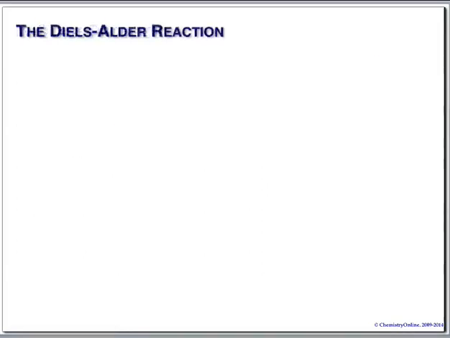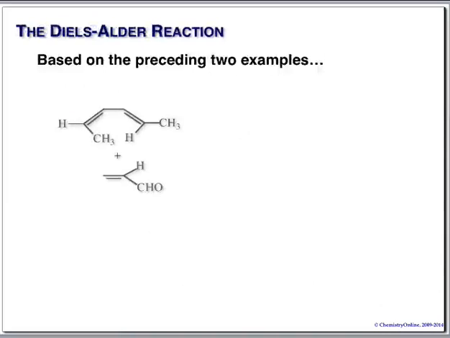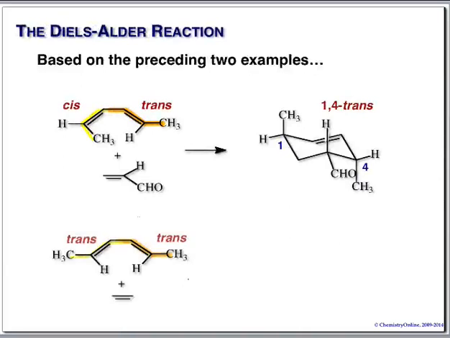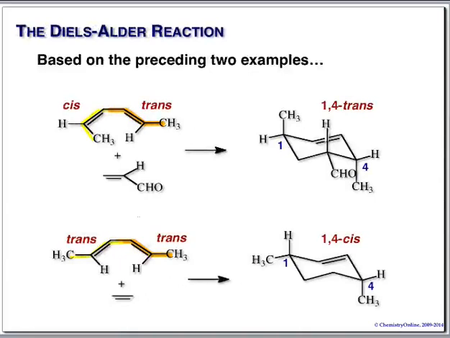So, when we had cis trans, we got trans. When we had trans, we got cis. In fact, we can do a general rule.